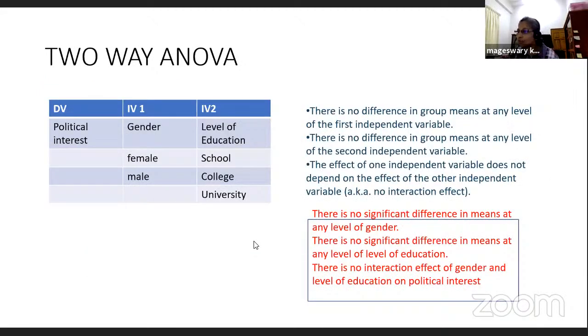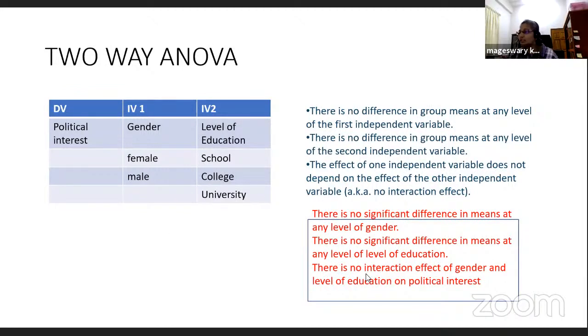So how are you going to state the hypothesis? The first hypothesis considers the first IV: there is no significant difference in group means at any level of the first independent variable, so there is no significant difference in the means at any level of gender. Then the second IV: there is no significant difference in the means at any level of education.